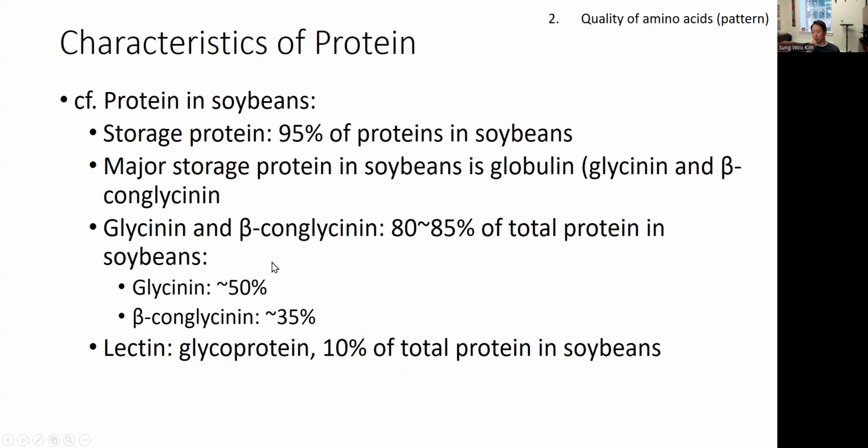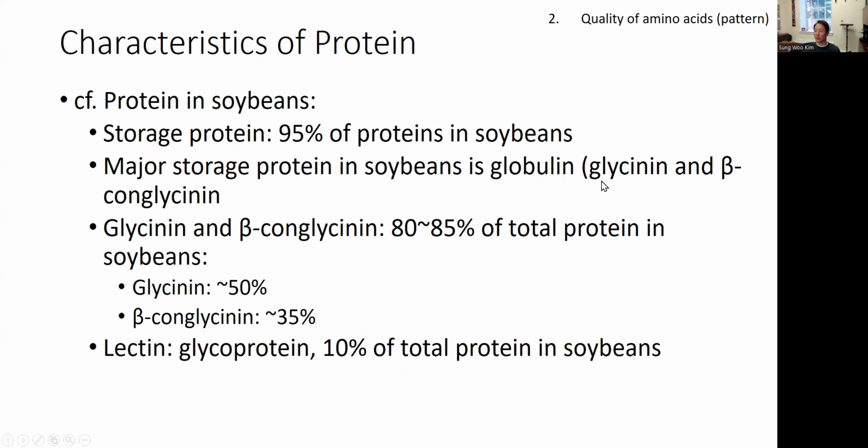All right. We already talked about soybean protein when we talked about proteins in cereal grains. So can we go a little quick here? Proteins in soybeans: almost all proteins found in soybeans are storage proteins, which means the majority will be globulin.